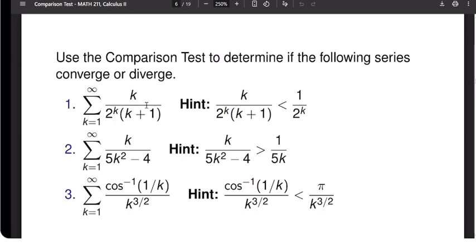This guy here is the given sequence. It's actually the a_k. I'm calling this a_k. That is the sequence given.